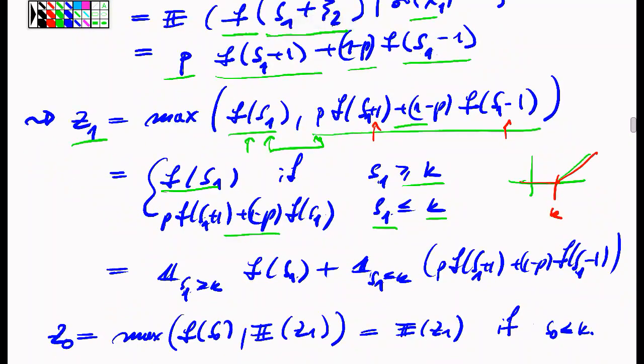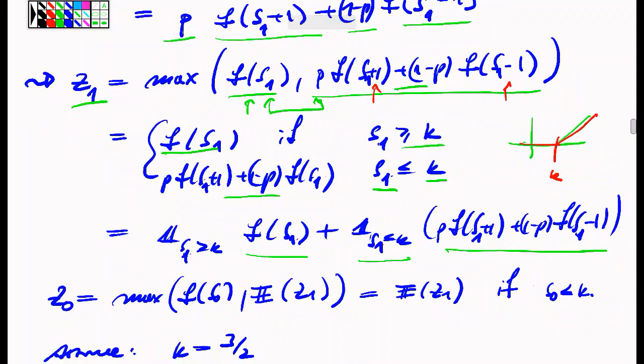Okay, so therefore we have this representation of the Z1 function, namely if S1 is greater or equal to k, then Z1 is f of S1, and if S1 is less or equal to k, then the Z random variable is this convex combination of the two possible payoff values.